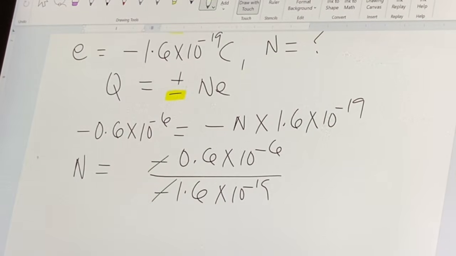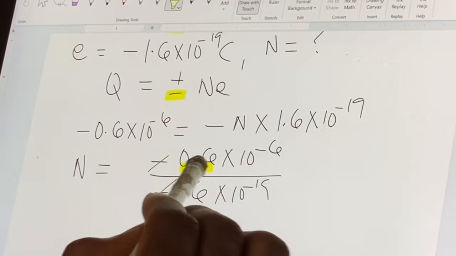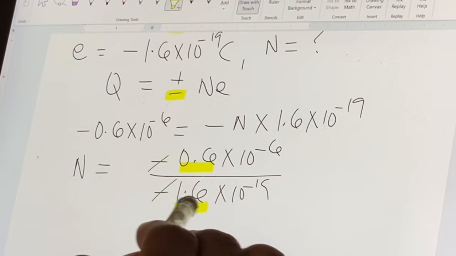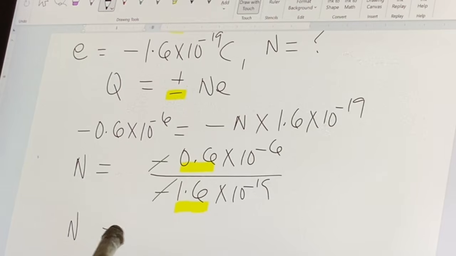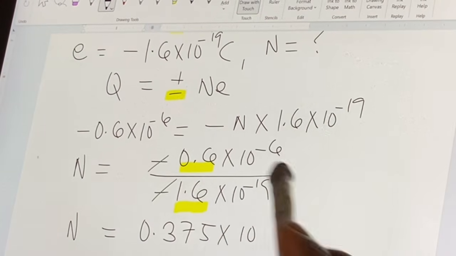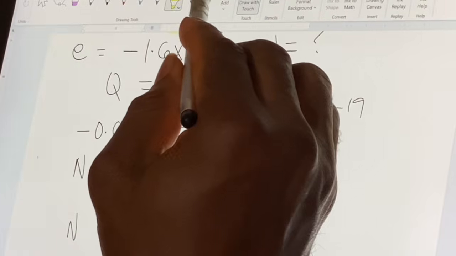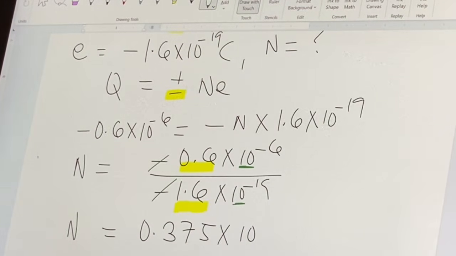When you punch your calculator, 0.6 divided by 1.6, I will have N equal to plus 0.375 times 10. Of course, from the law of indices, this is 10 and this is 10. We take only one. We operate on the powers.